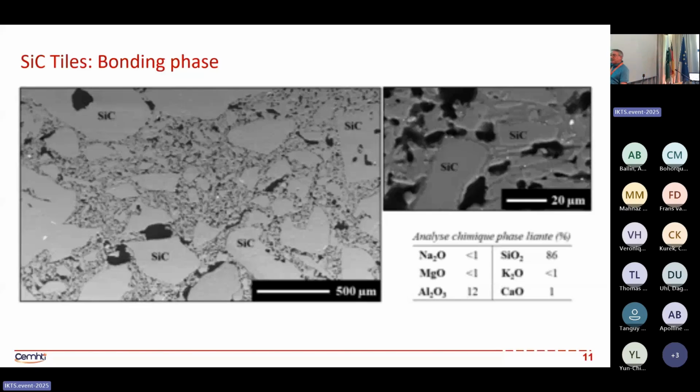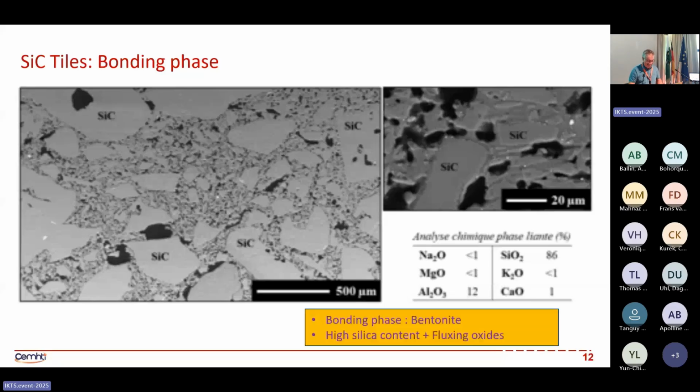Actually, it is bentonite phase, with a lot of silica, alumina, then calcia, and some other fluxes. Each time you will see the logo WUCLAP on the top on the left, that means that there will be a question. So if I skip a question, please remind me. So bonding phase is bentonite with high silica content and fluxing oxide.